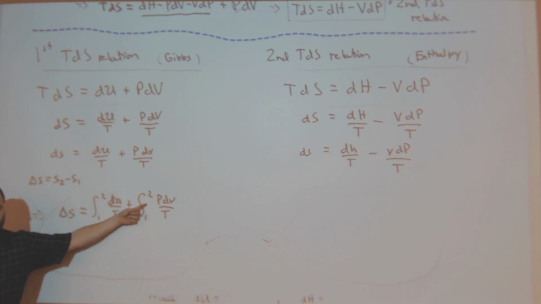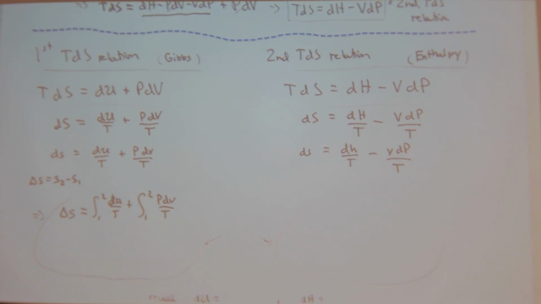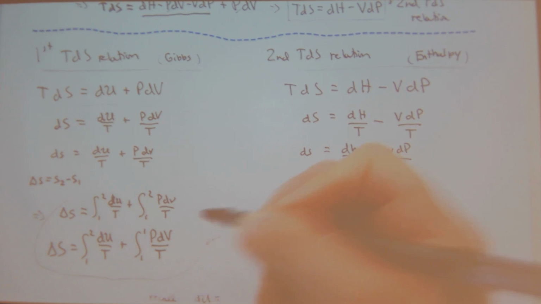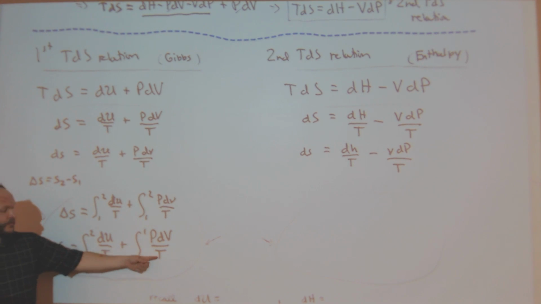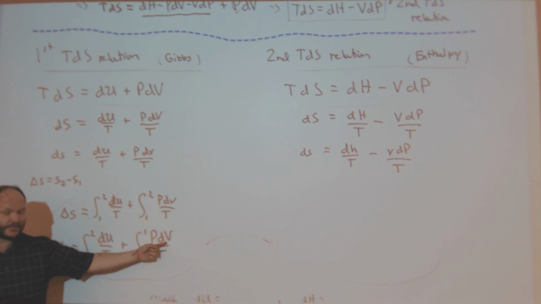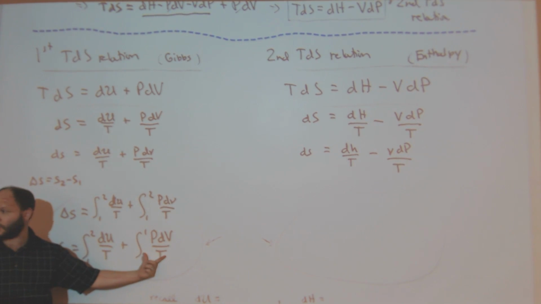So I can do the same thing. Delta big S equals the integral from 1 to 2 of dU over T plus the integral from 1 to 2 of P dV over T. If the temperature is constant and I know the pressure as a function of volume, I can calculate this integral easily.